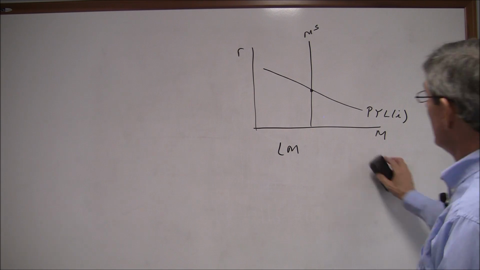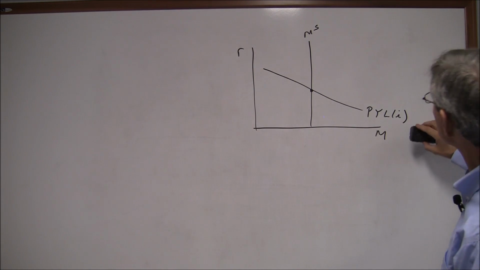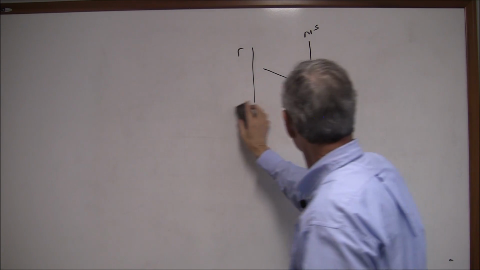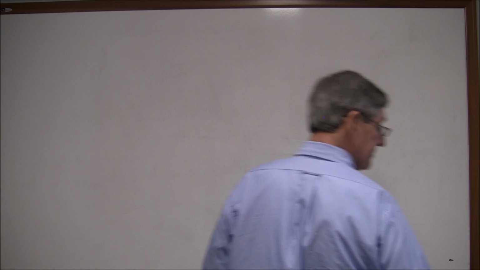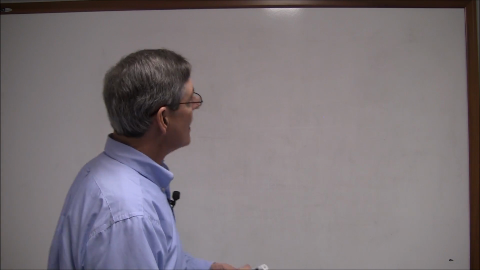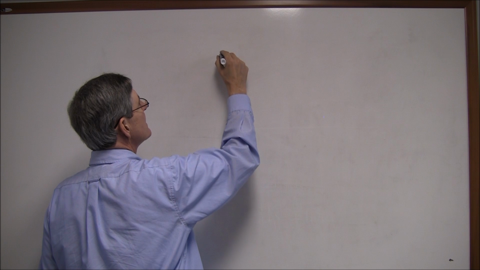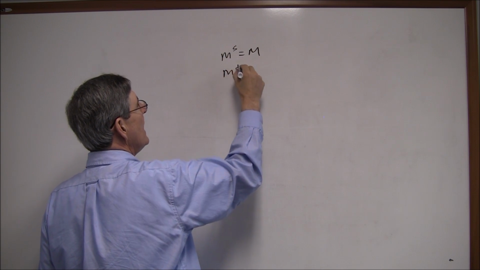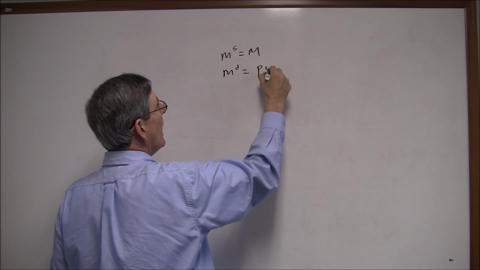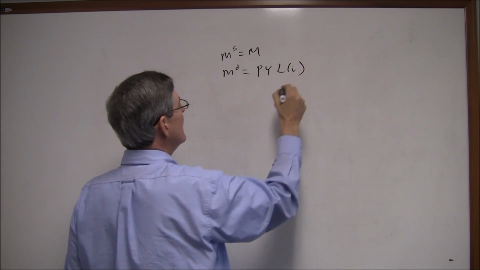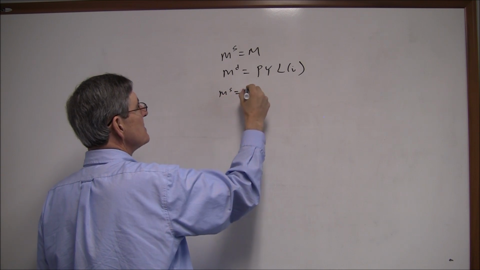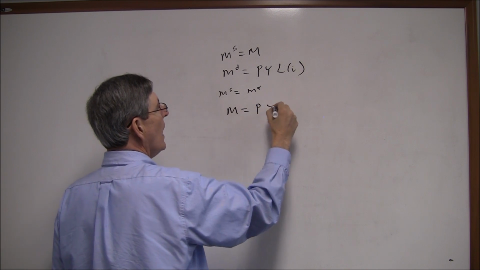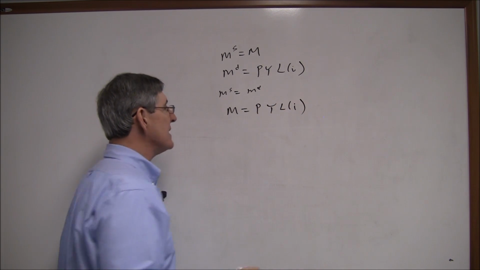Now we're going to change this just slightly because it makes something we're going to do in a moment easier. Our model is, money supply equals M. Money demand equals P, Y, L of I. So money supply equals money demand is M equals P, Y, L of I. And that's what that diagram is showing us.